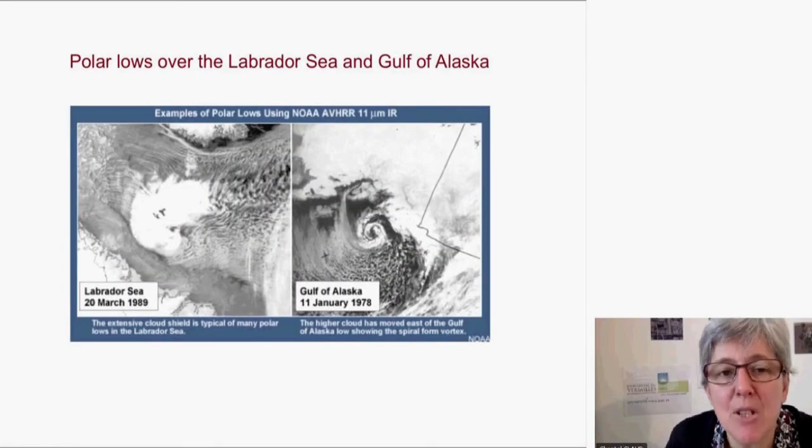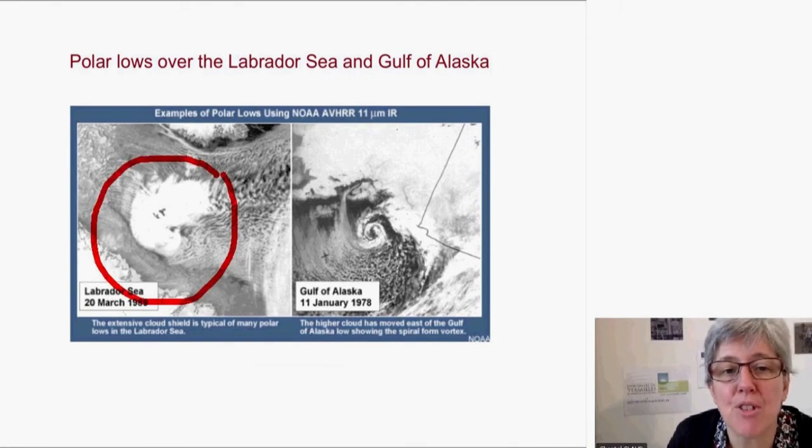As I mentioned before, during this talk I will mainly consider polar lows that form over the Nordic Seas, but here I give a few examples of polar lows which have formed over other areas. For example, to the left here, a polar low which has formed over the Labrador Sea. This is the southern coast of Greenland, for those who don't know where the Labrador Sea is. This is Canada here, eastern North America.